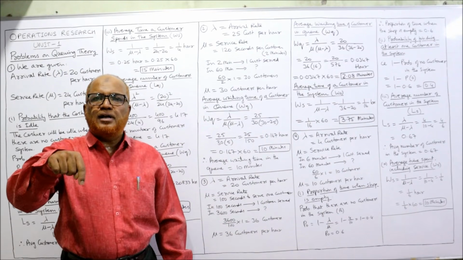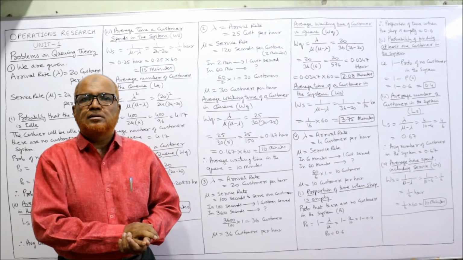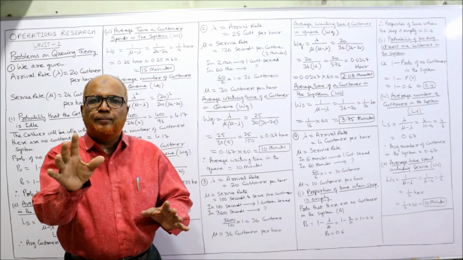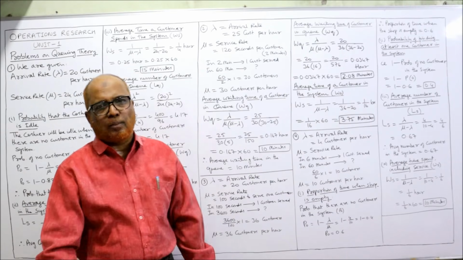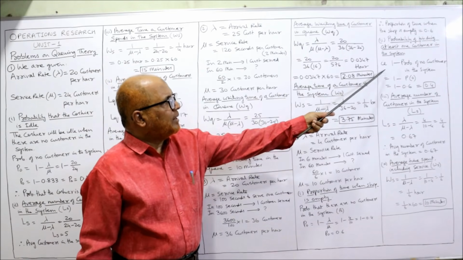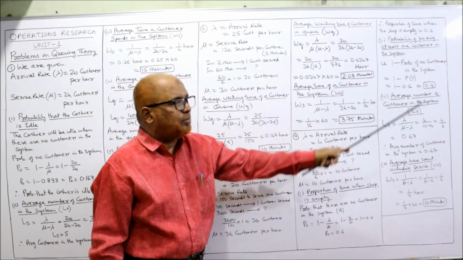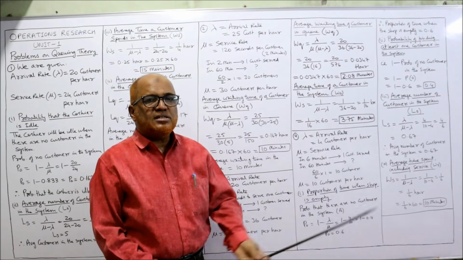So the probability that at least one customer will be there is 1 minus 0.6, 0.4. Here 1 minus P0, 1 minus 0.6, 0.4. That's all.